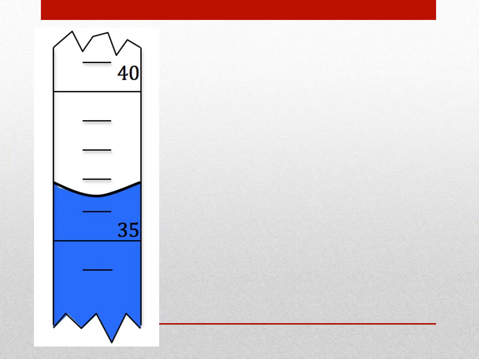Let's look at this one. 35, 40. So each of these lines is 1: 36, 37, 38, 39. Measure from the bottom of the meniscus. So I'm going with 36 for sure, 0.5. 36.5 I think is pretty reasonable.